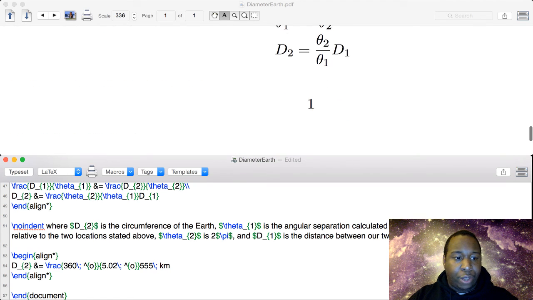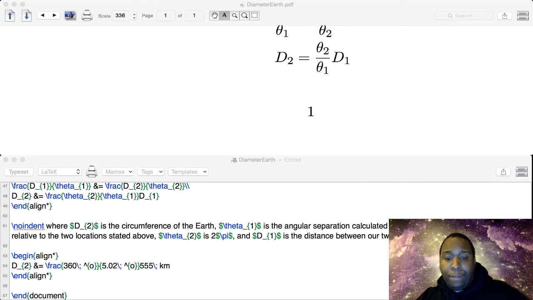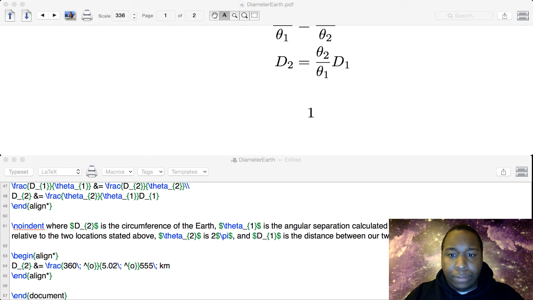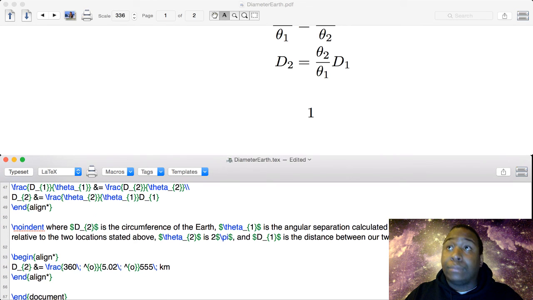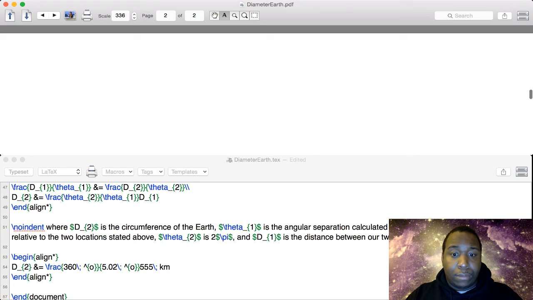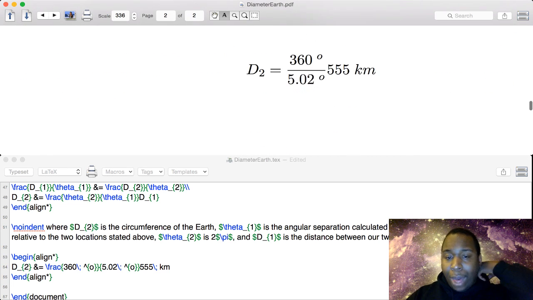I'll scroll down and make sure that everything's looking proper down below. All right, so I think that's good so far, and we can go ahead and calculate what this value will be.